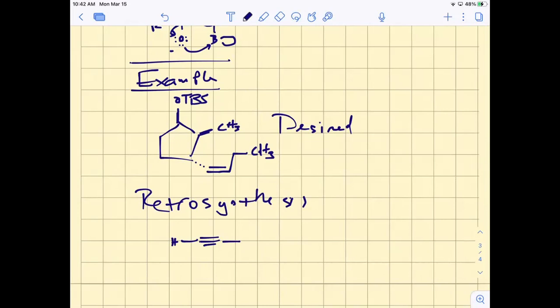Or I can think about addition to this already functionalized ring, right? Where I have a triple bond here that I can add to, right? And I can add.